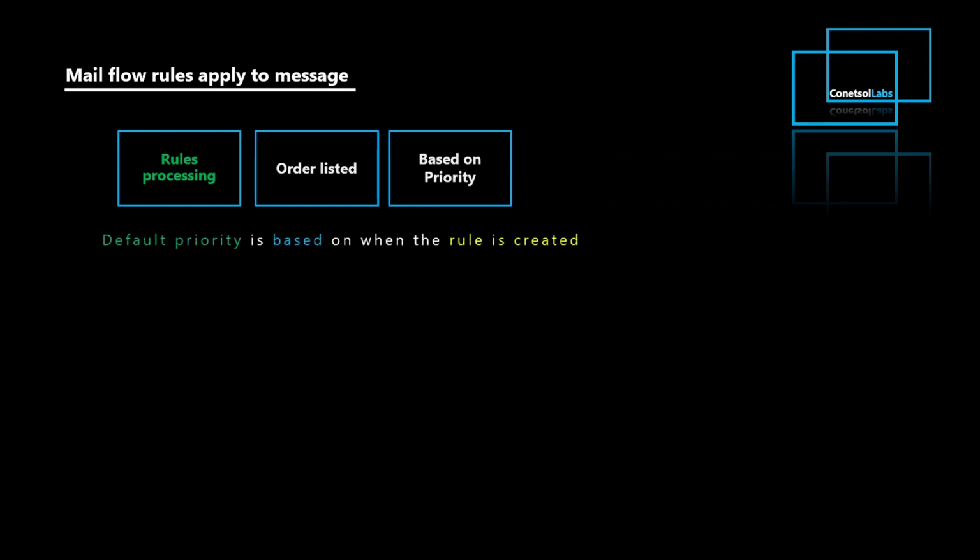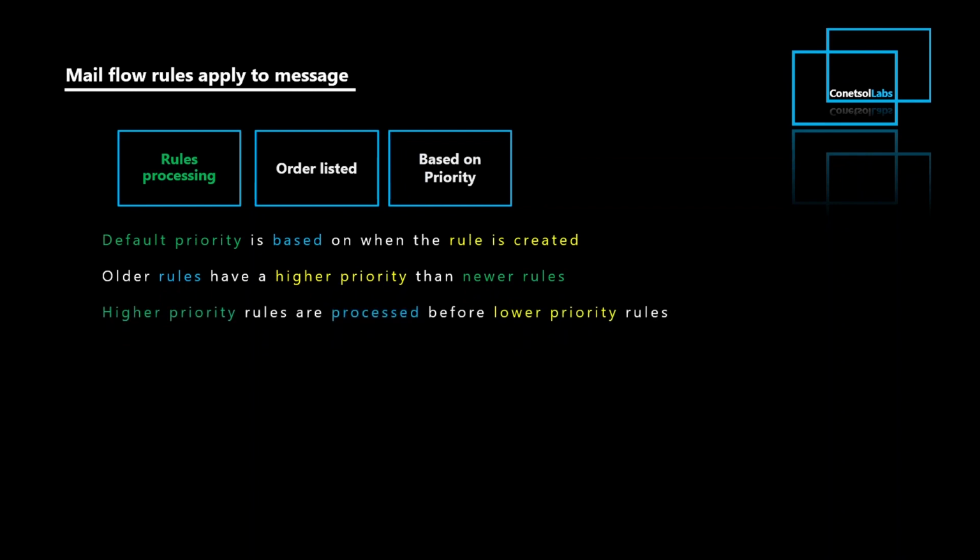The default priority is based on when the rule is created. Older rules have a higher priority than newer rules, and higher priority rules are processed before lower priority rules.